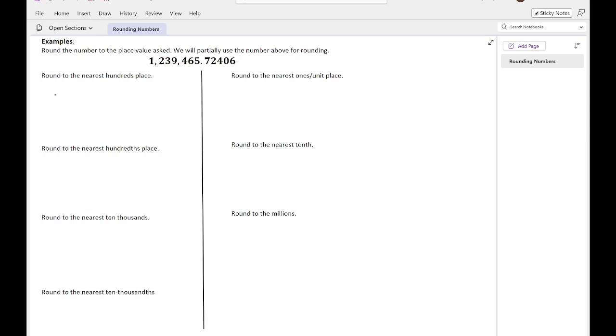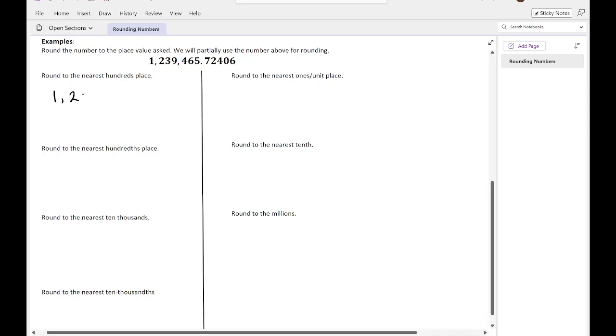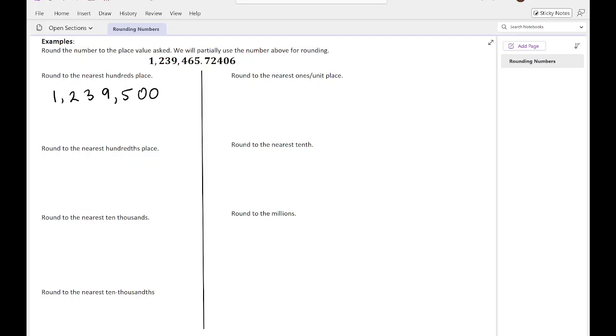So I'm going to have 1, 2, 3, 9, 4, or sorry, 5. Forgot to round it already. And then everything after the 4 becomes zeros. So 0, 0. And typically you don't have to put 0.0000. That's just a waste of time. If you do, it's not wrong, but it's not necessary. So this would be this number up here rounded to the hundreds place.